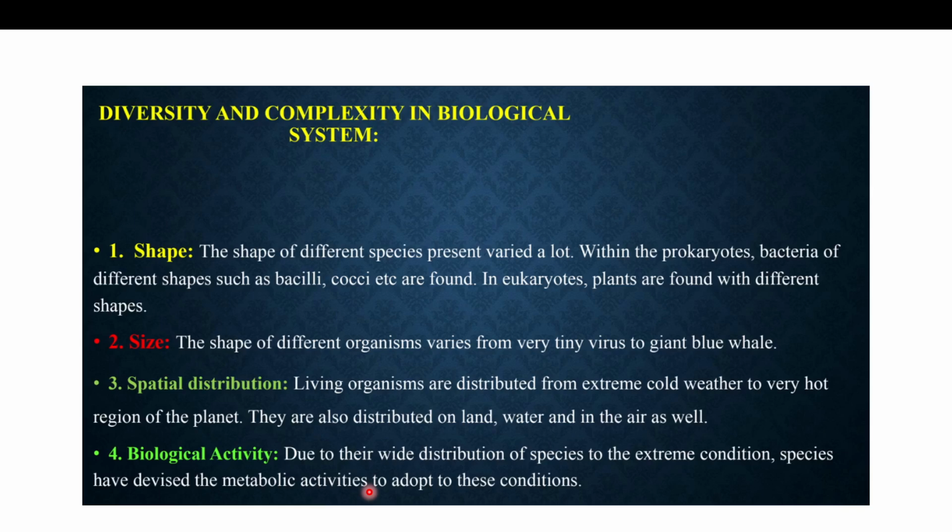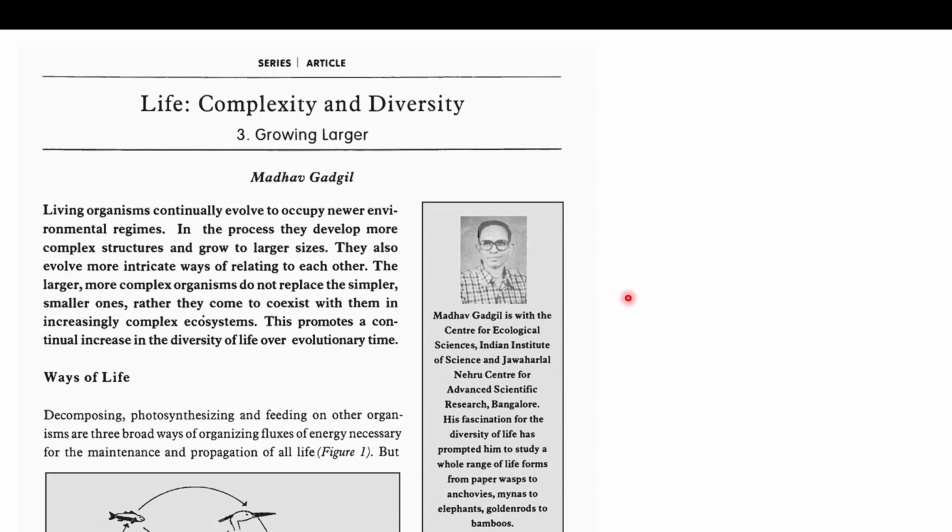a particular environmental condition. Now, this is a very short article written by Madhav Gadgil. He was an Indian ecologist. We lost him very recently in January this year. So, he suggested living organisms continually evolve to occupy newer environmental regimes.